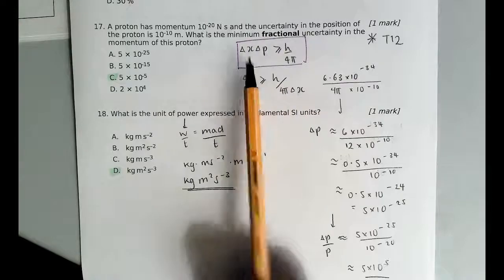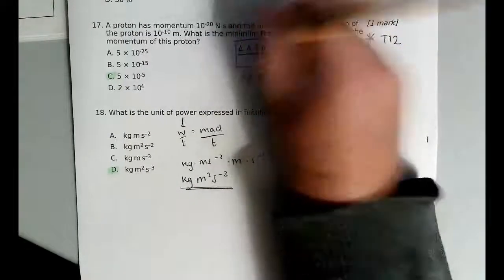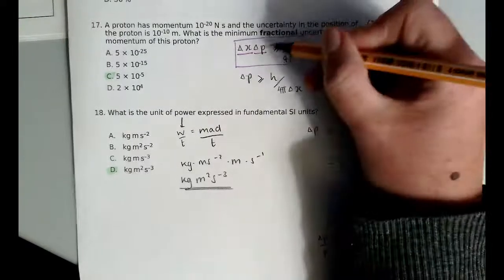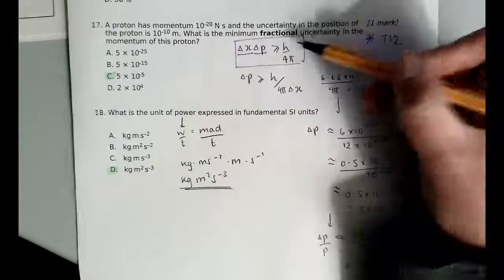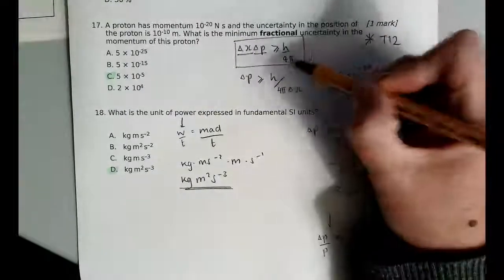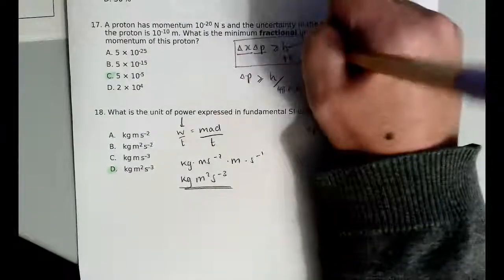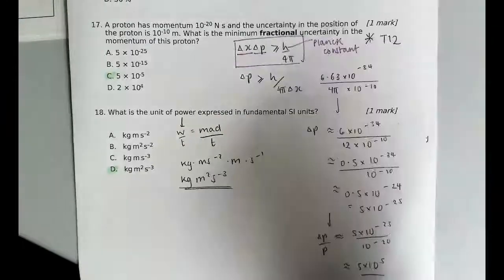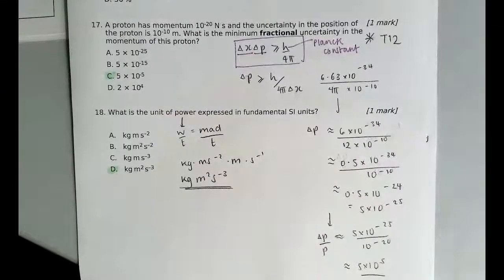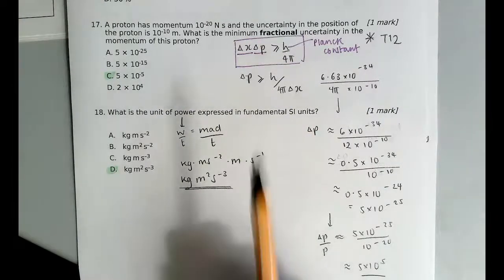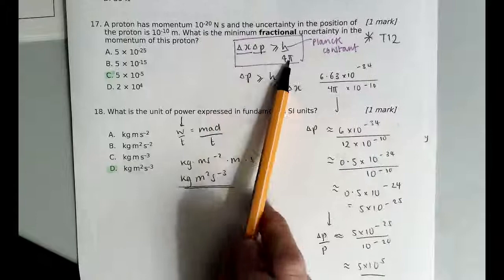So this is my uncertainty in position, this is my uncertainty in momentum. Now, when we get to this topic, you will learn that that has to be greater than or equal to h over 4 pi. Now, 4 and pi are things that you're happy with, but h is something you've never heard of before. This is called the Planck constant. Again, don't worry about that for now. Ignoring the fact that you are completely baffled by the equation, I can rearrange and pull delta x down.